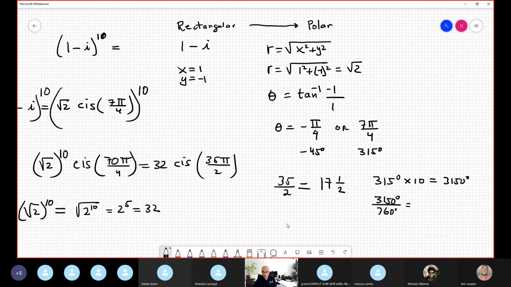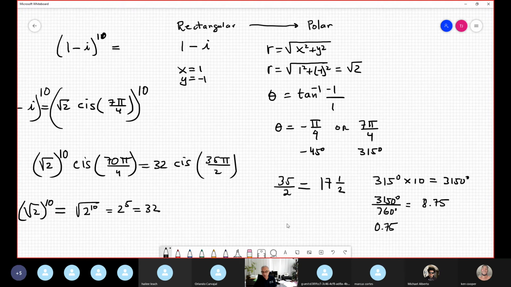It's 8.75. You remove the whole part and keep 0.75, because the whole part indicates how many revolutions.